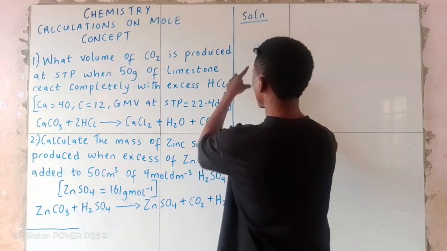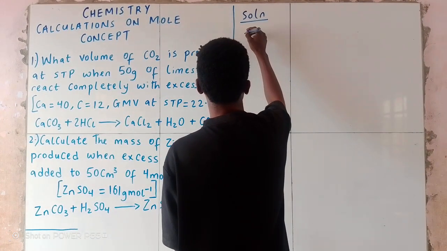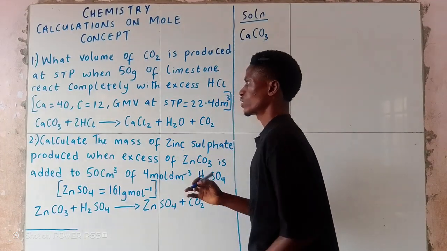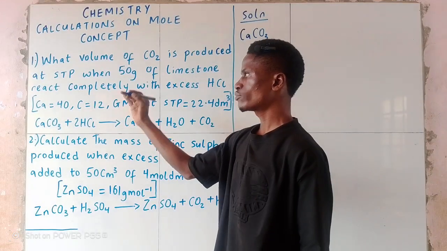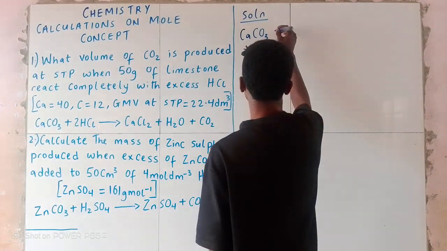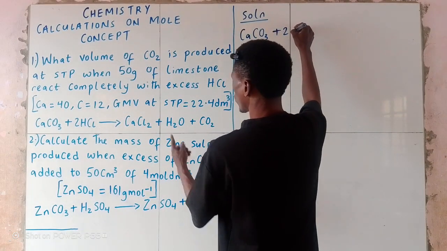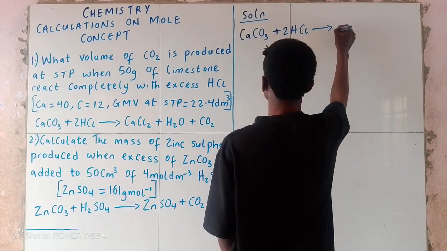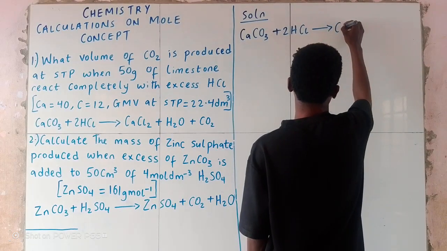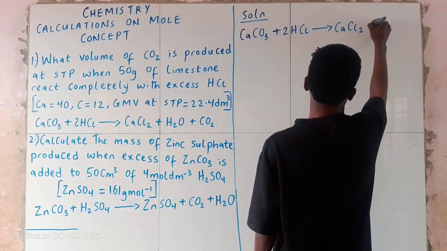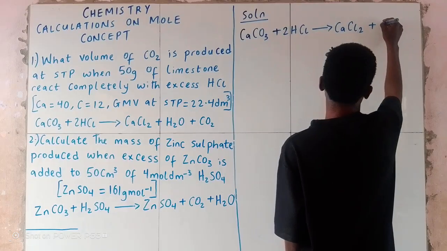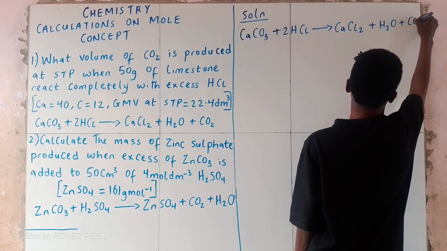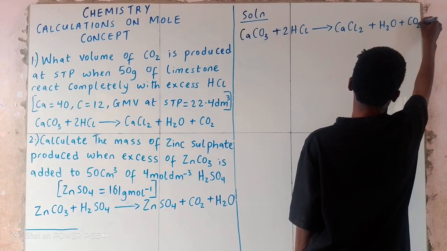So bringing out the chemical equation, we have calcium carbonate, which is another word for limestone, reacting with 2 moles of hydrochloric acid to produce calcium chloride, water, and carbon dioxide.